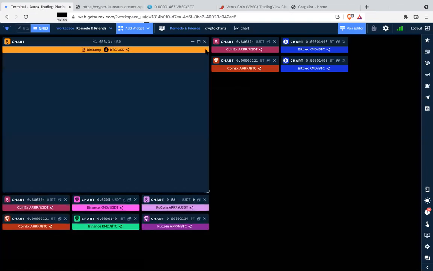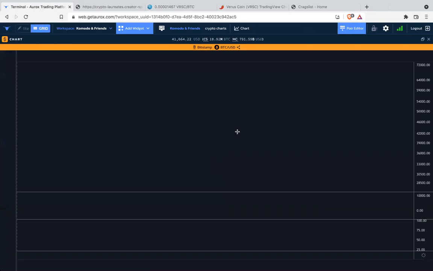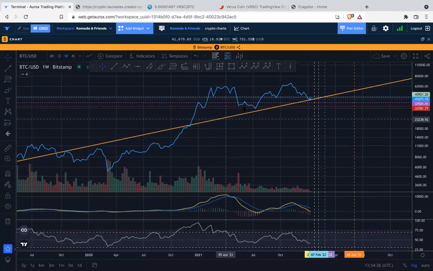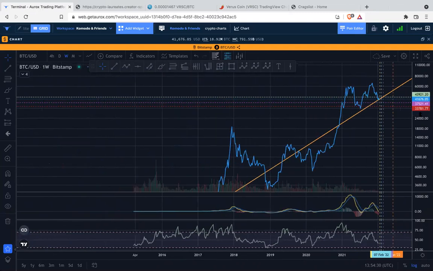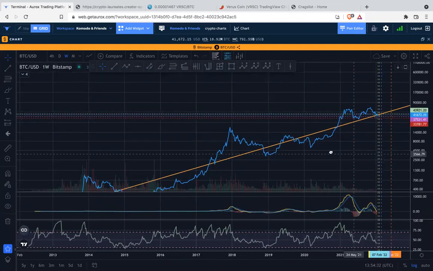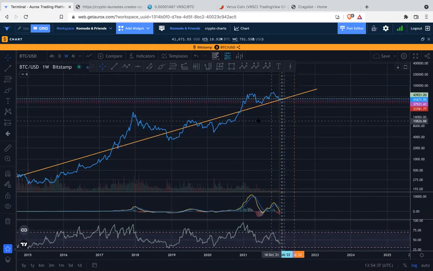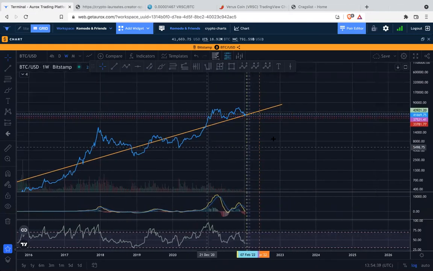We'll get started with the BTC price chart against USD weekly. If you're interested in this longer term trend line, in the previous Bitcoin video, there is a bit of discussion about this long regression line.